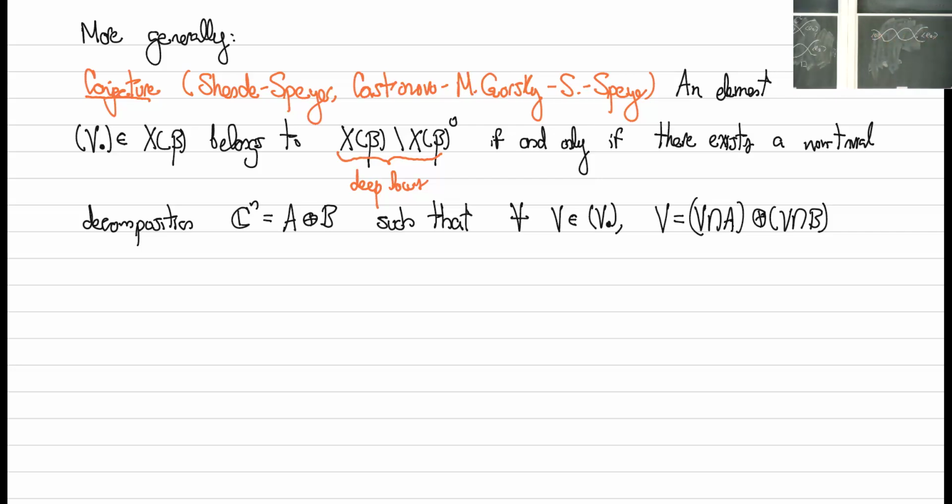Here you have E2. According to this conjecture, for a point to not be in any cluster torus, there has to be a decomposition of C^2 into 2 subspaces, therefore each of dimension 1, such that each of these can be written as a direct sum of the intersections of the space with these 2 subspaces.